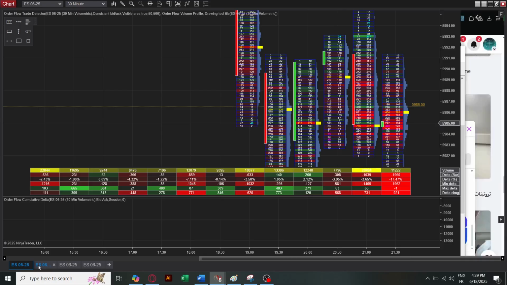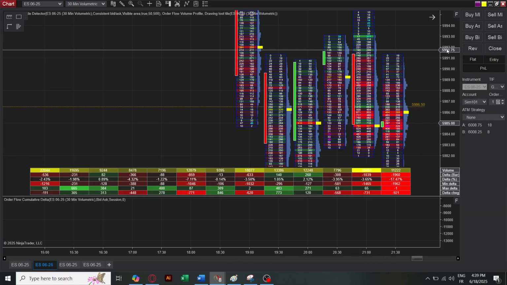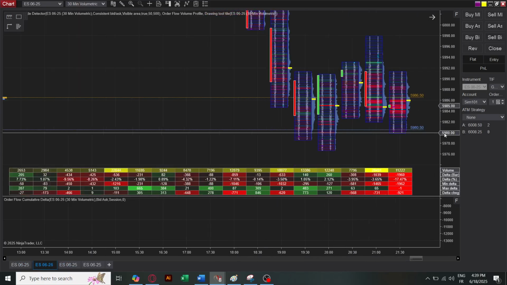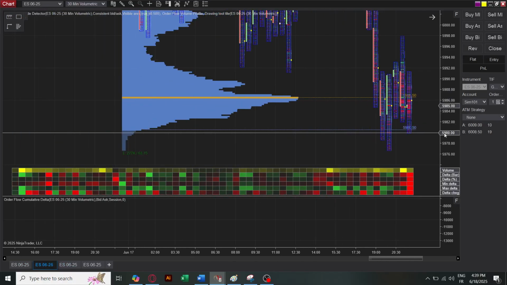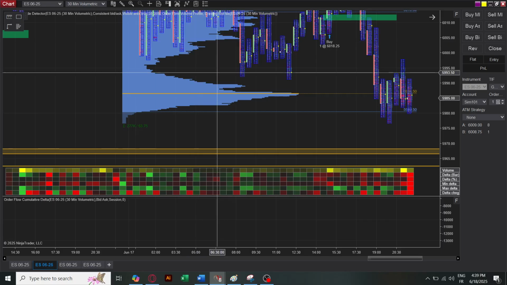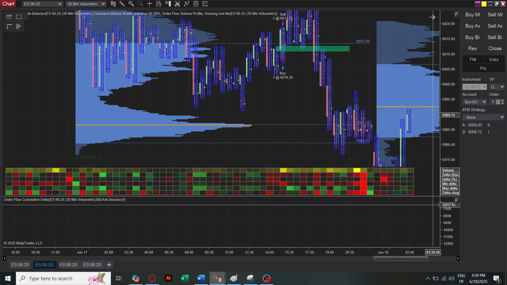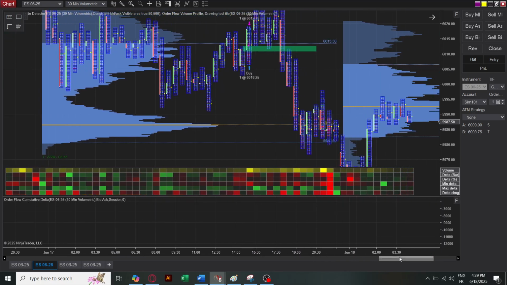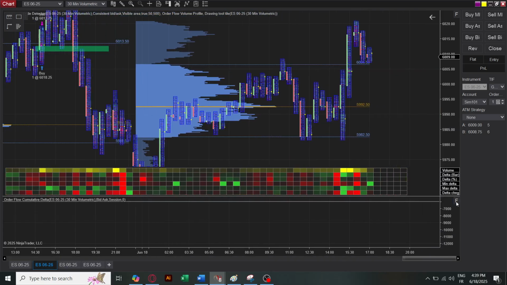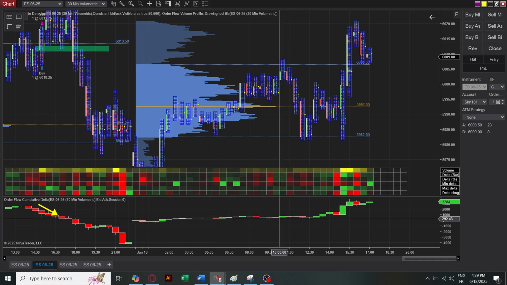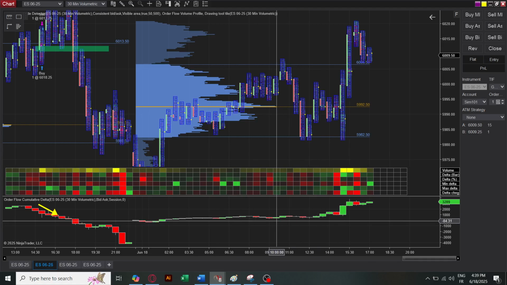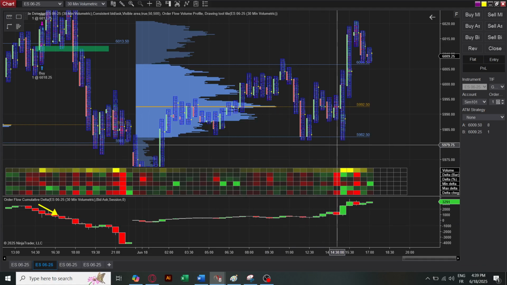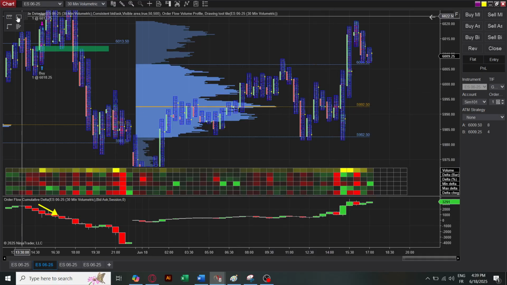So the first thing I'm trying to look for, this is a daily volume profile, and the first thing is the cumulative delta. This is the cumulative delta before the New York session. The New York session started at this candle here.